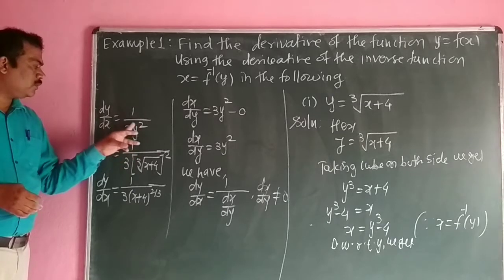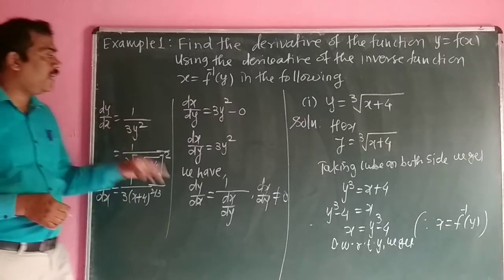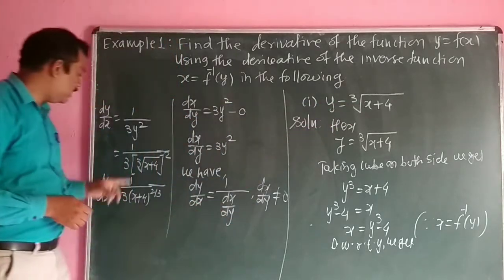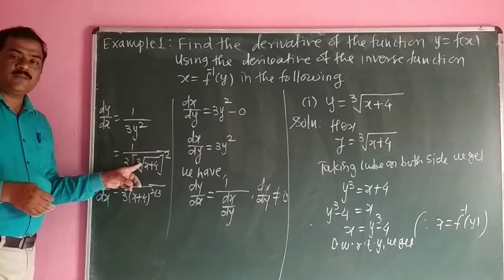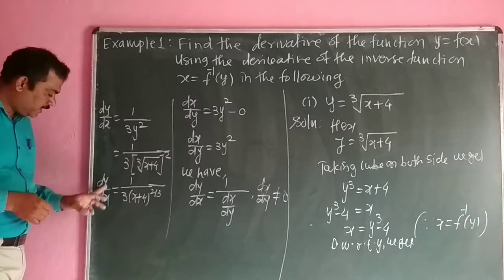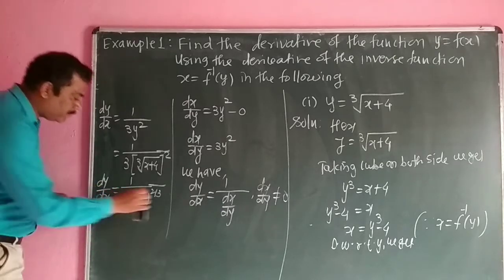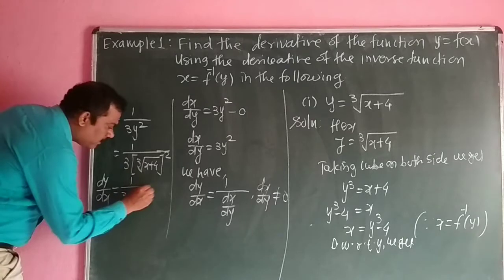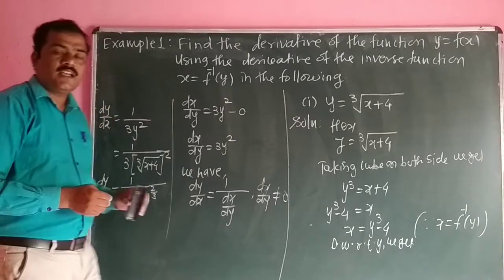What is the value of y? Cube root of x plus 4. Its square: cube root means power 1 upon 3, and 1 upon 3 into 2 is 2 by 3. That is dy by dx is equal to 1 upon 3 into x plus 4 raised to 2 by 3, which is the required answer.